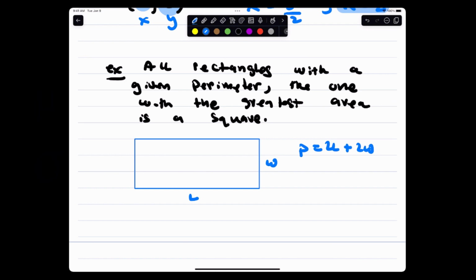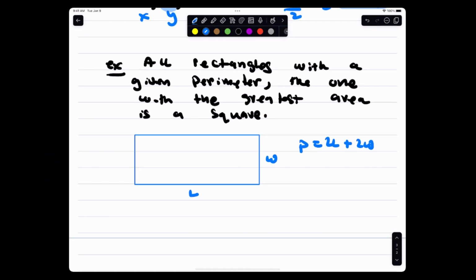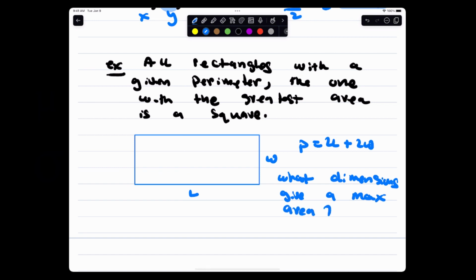And ideally, what they want you to know or to show is really going to be the following. What dimensions give you the maximum area? So they're really asking you that kind of question. Generally speaking, what dimensions will give a maximum area?